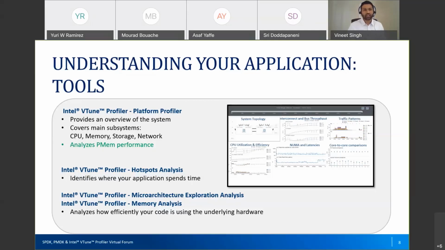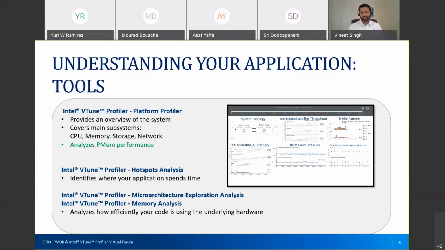You need to understand what the CPU, memory, storage, and network are, and all that information is available using Platform Profiler. We also provide PMEM-specific metrics once you have the PMEM hardware, and in that case, it really helps you monitor and tune performance when you have the hardware.